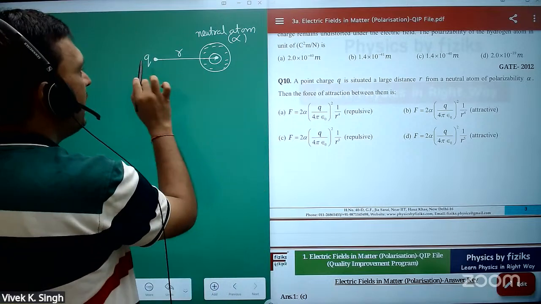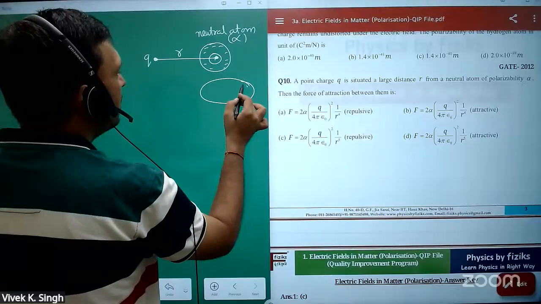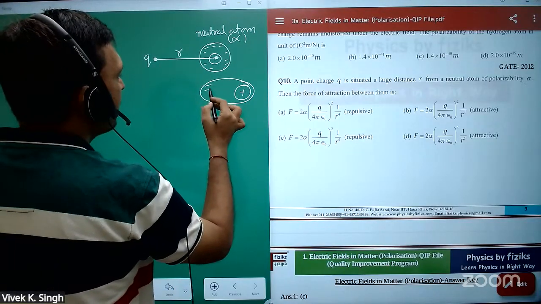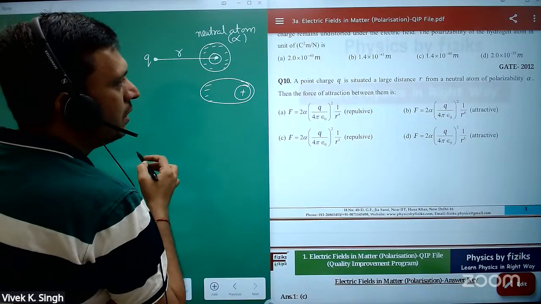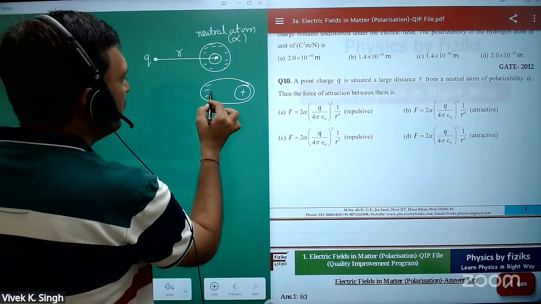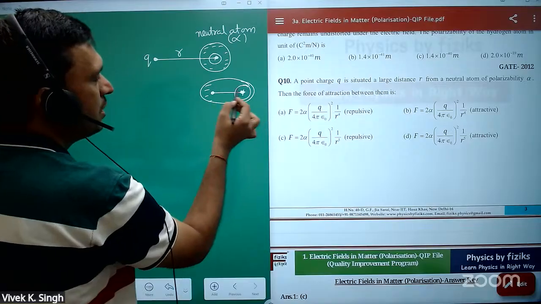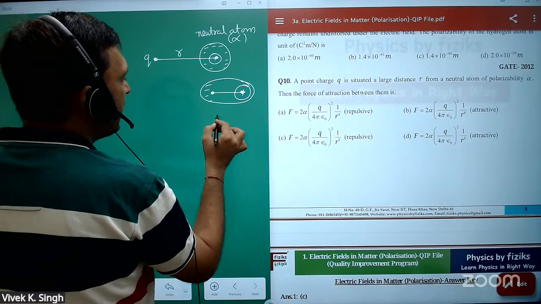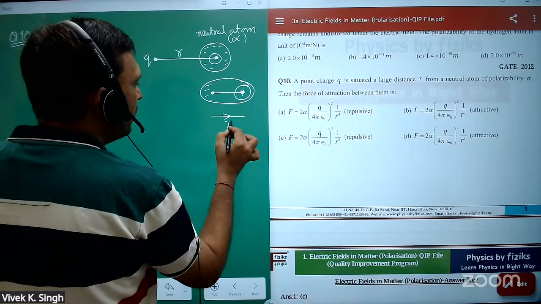Because of the electric field, the nucleus will shift towards the right, because this is a positive charge. So the nucleus will shift towards the right and the electron cloud will shift towards the left. Yes or no? Now their positive and negative charges are separated by some distance d. So this will act like a small dipole.